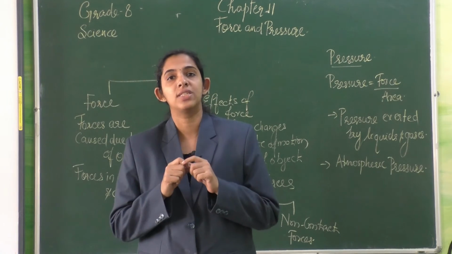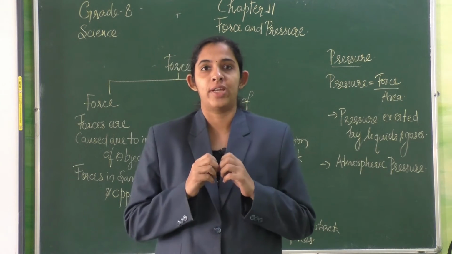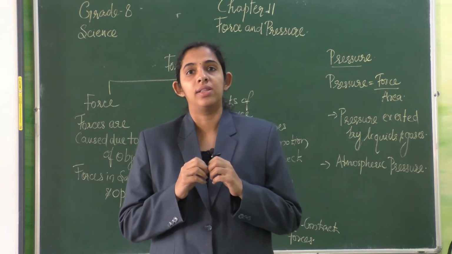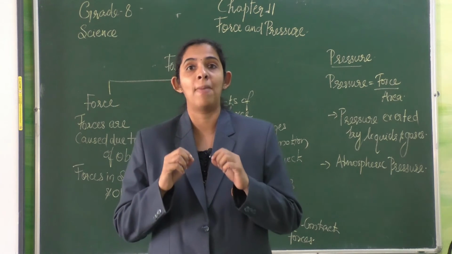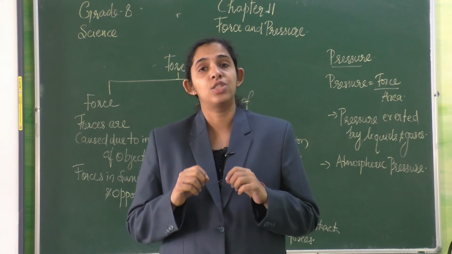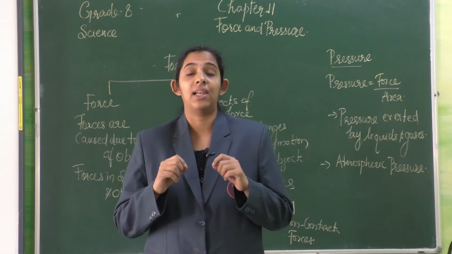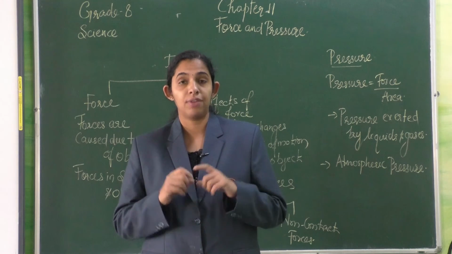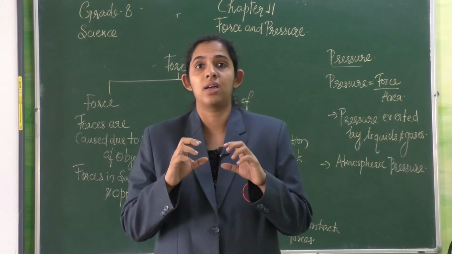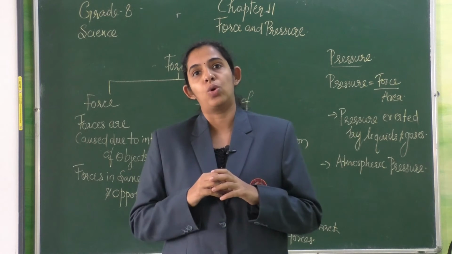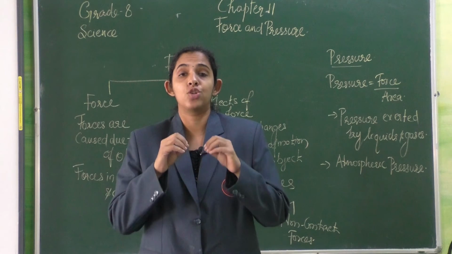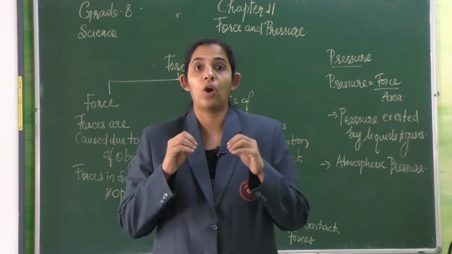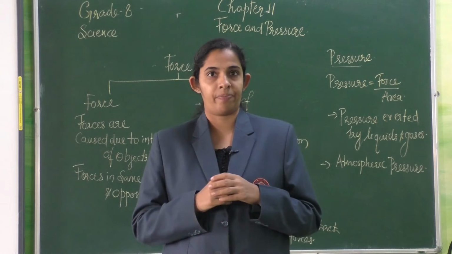If the net force acting on an object is 0, then we can say the forces acting on the object are balanced, or such forces we call balanced forces. If the net force acting on an object is non-zero, then the forces acting on that object are said to be unbalanced, or we will call them unbalanced forces.